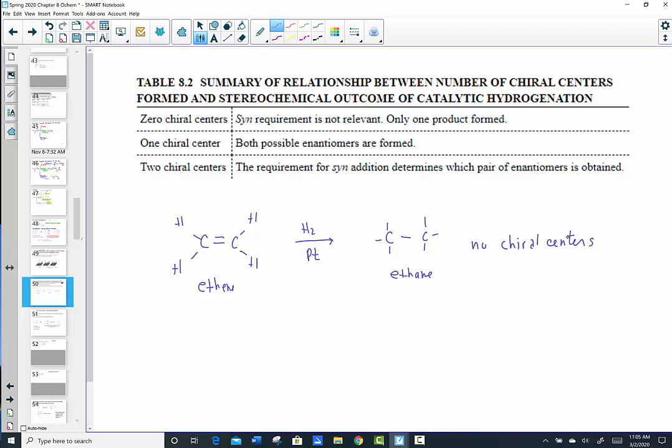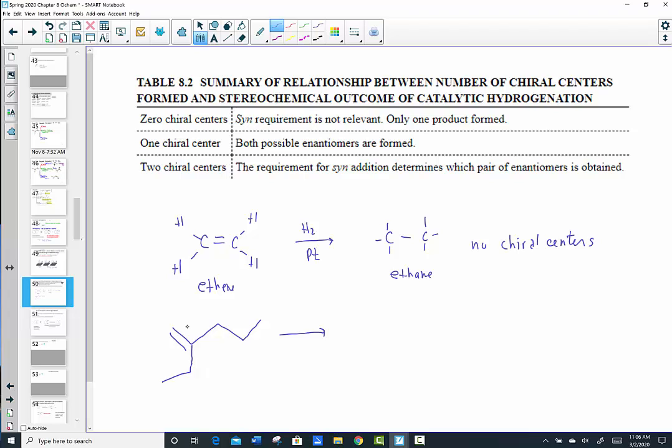If we have one chiral center formed, both enantiomers are possible. So think about, let's say, 1-butene, adding hydrogen across the double bond. I have to make it unsymmetrical.